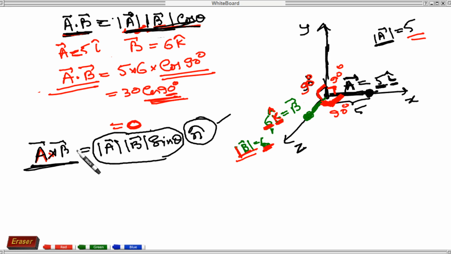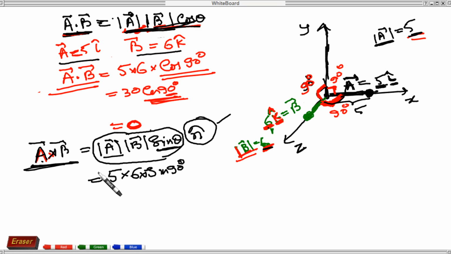This is the magnitude of A cross B, and this is the direction of A cross B. Like, as A is equal to 5i and B is equal to 6k, here modulus of A is 5, so I'll be putting 5 here. Modulus of B is 6. What is sine theta? This is 90 degrees, sine 90 degrees.